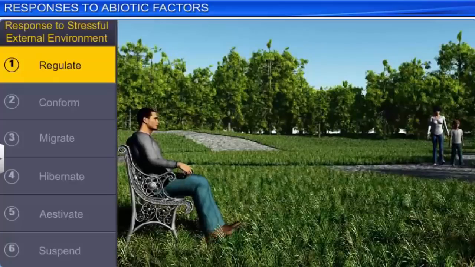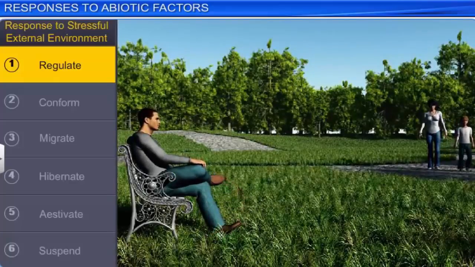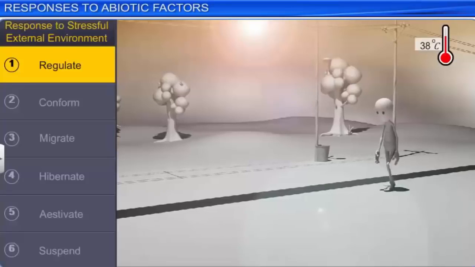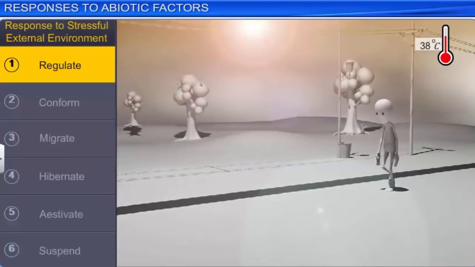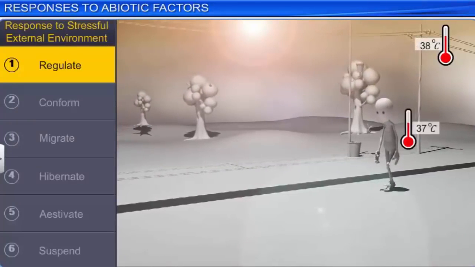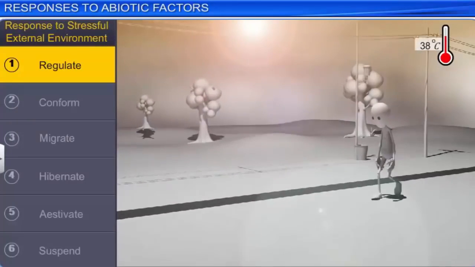For instance, human beings are capable of regulating their body temperature and maintaining it at 37 degrees Celsius. For example, in summer, when the external temperature is more than our body temperature, we perspire a lot.